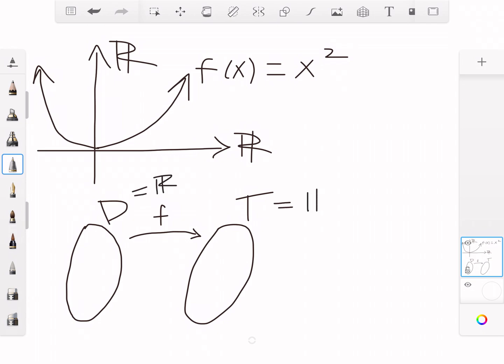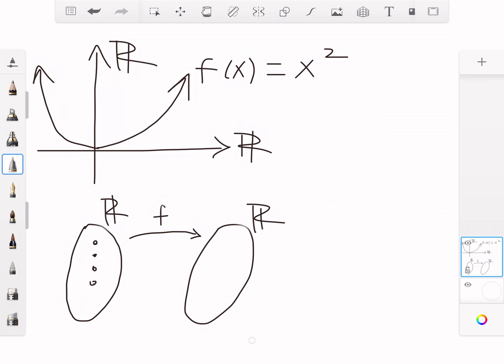The target is the real numbers. Now we can't list all of the points here because there's infinitely many of them, so I'll just list a couple of them.